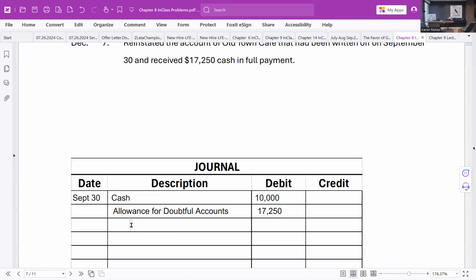And of course, we remove that account receivable for 27,250.